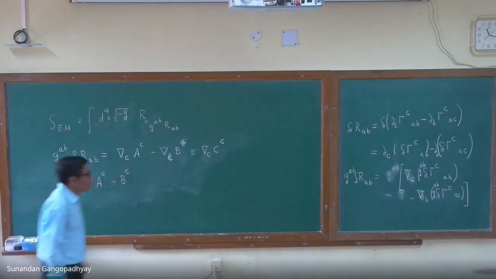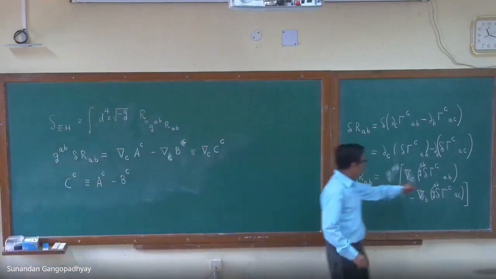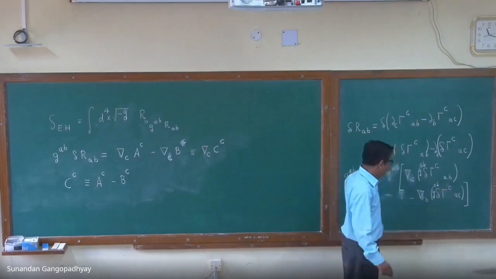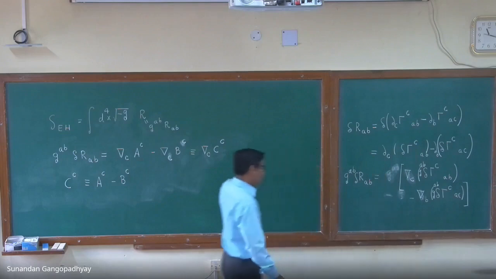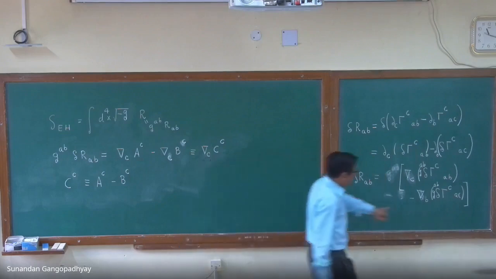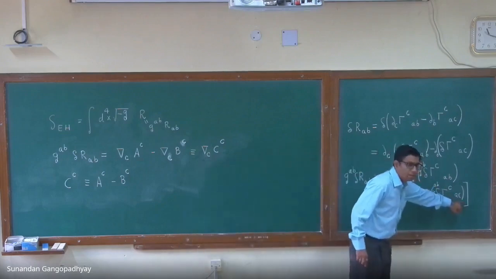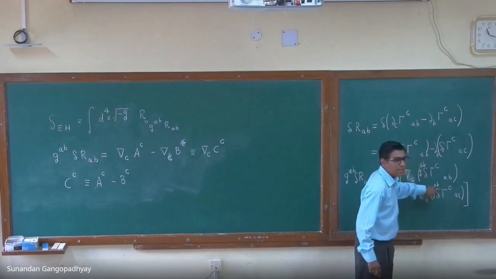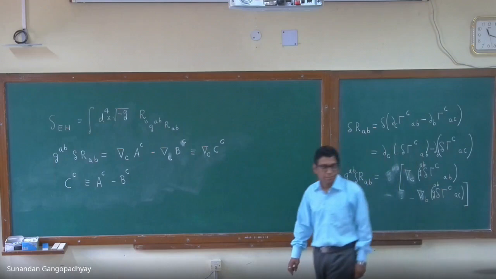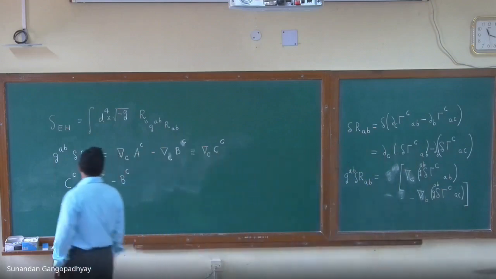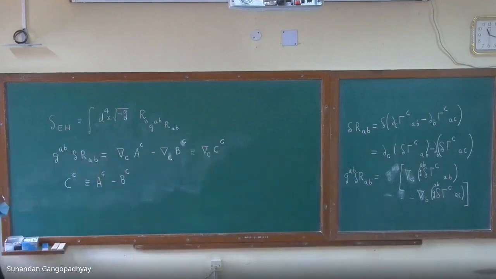What is AC? AC is this thing. What is BC? BC is this. So you can replace this C by B, this B by C. Then this will become grad C, BC. So these are all the relabelings.